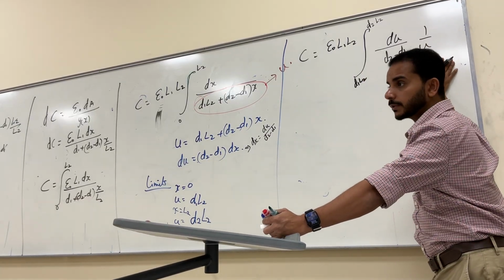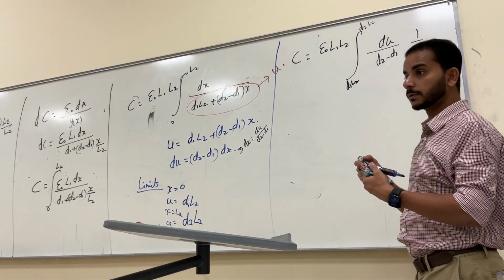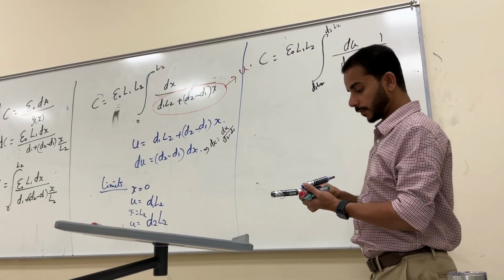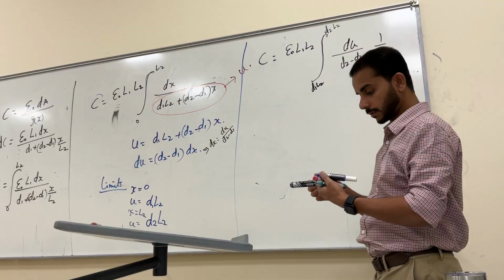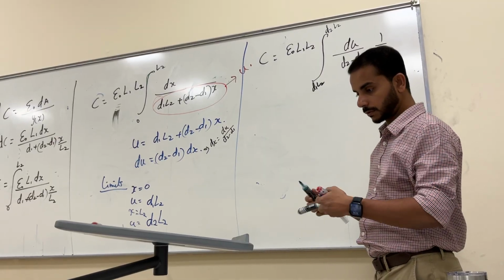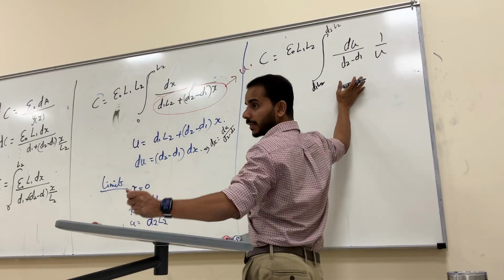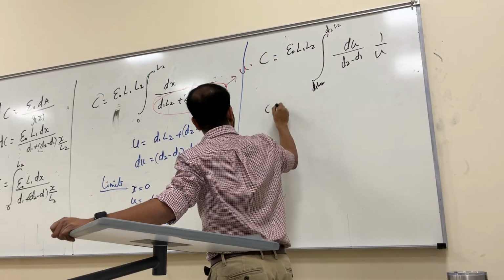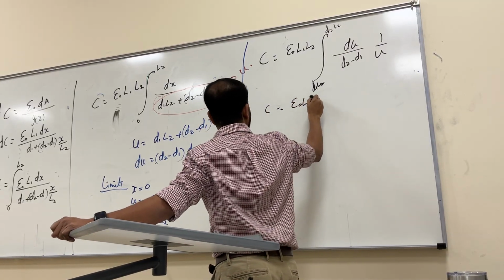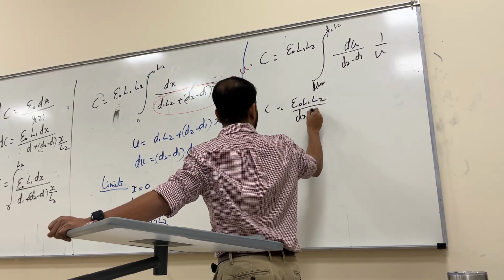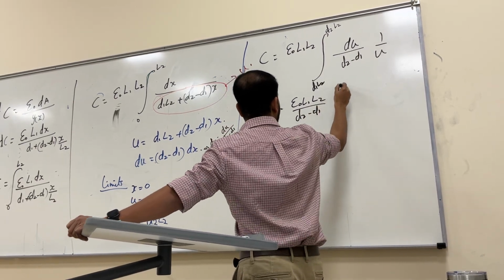And what will be the answer for this one? Yeah, 1 over u du. Integral will be log of whatever the limits, right? So you have C is equal to epsilon 0 L1 L2 over d2 minus d1, right?